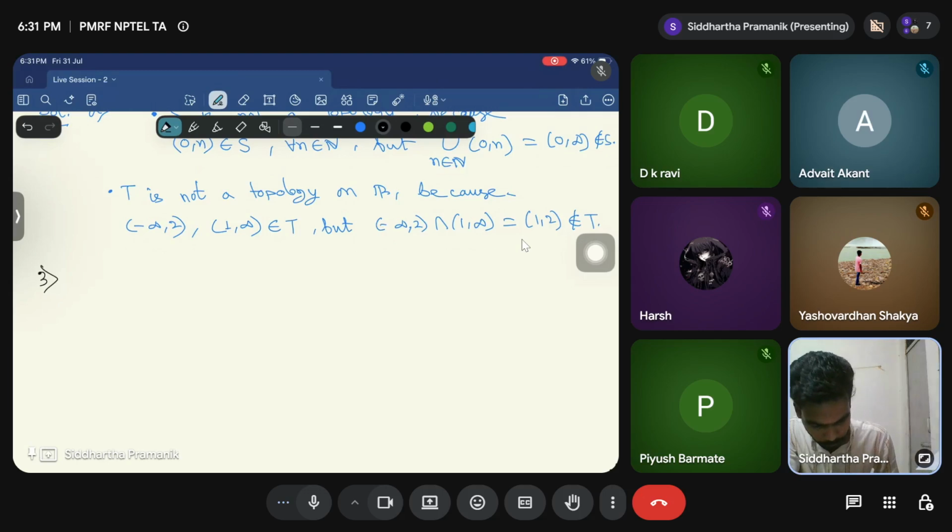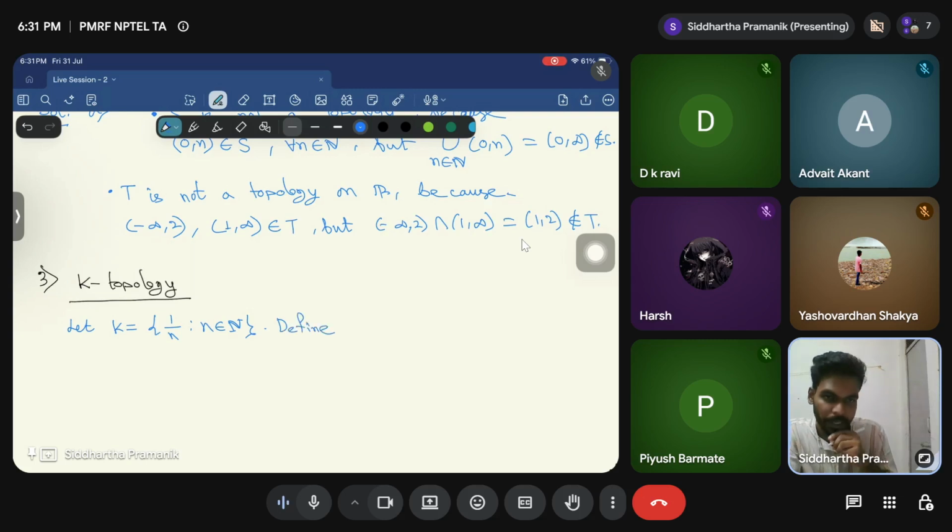So this is known as the K topology. So let K be this set: 1 upon n, where n runs over the natural numbers. Now, using this set, I will define a topology on the set of real numbers.